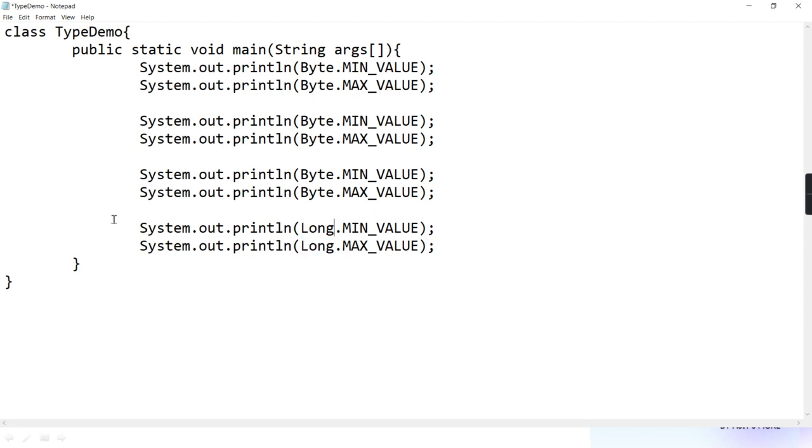Because this is a wrapper class. It's a class name, and according to Java, class names never start with small letters. Clear? Never. They have used a convention only. Here it is Integer, complete Integer. And here it is Short.